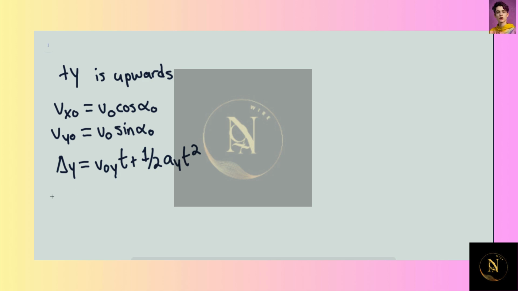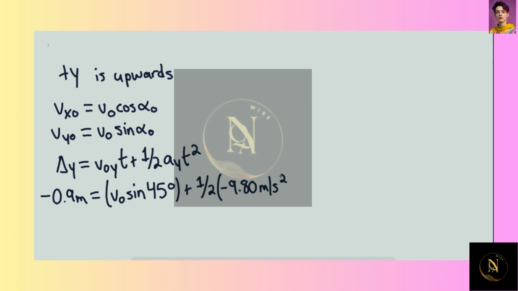This is going to give us negative 0.9 meters. This would equal the initial sine of 45 degrees, and then plus 1/2 multiplied by negative 9.80 meters per second squared times t squared.